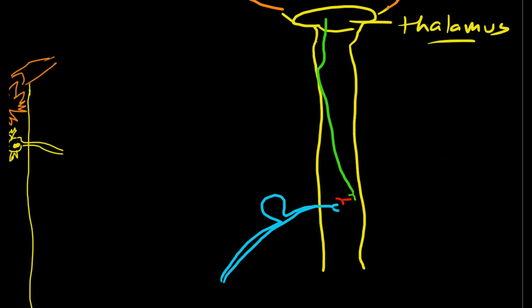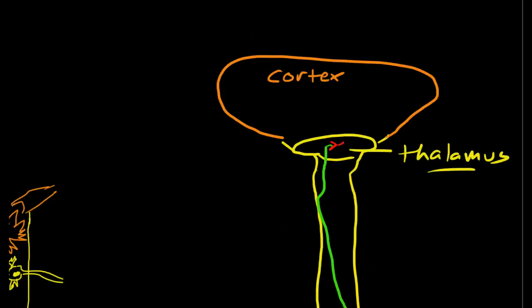And then there's probably going to be some interneurons here in the thalamus. It may go through a series of them, and then eventually it's going to make its way up to the cerebral cortex, and specifically to the sensory area of the cerebral cortex, and this is where we'll become aware of that sensation.